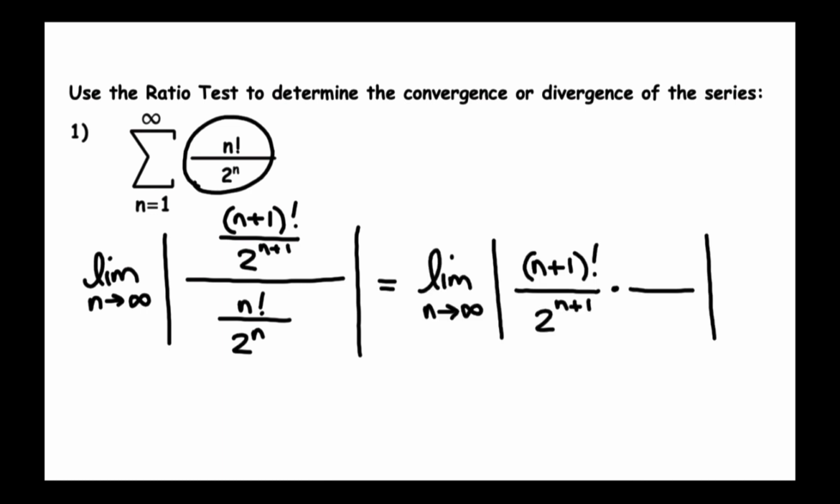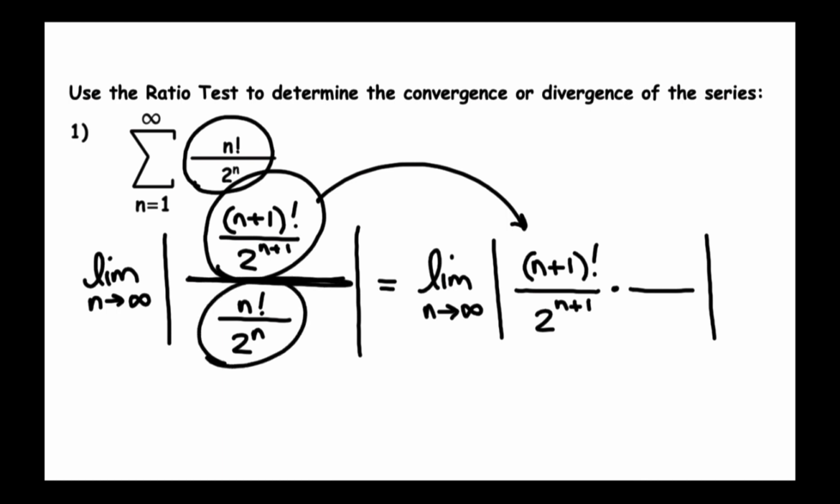You know how dividing by a fraction is the same as multiplying by the reciprocal, so what I'll do is I'll just take the numerator and I'll put it first, and then instead of dividing by this fraction, I'm going to write the second part over here upside down as a reciprocal. And usually, like I said, I won't even write that first step. I'll go immediately to there just to save some time and effort.